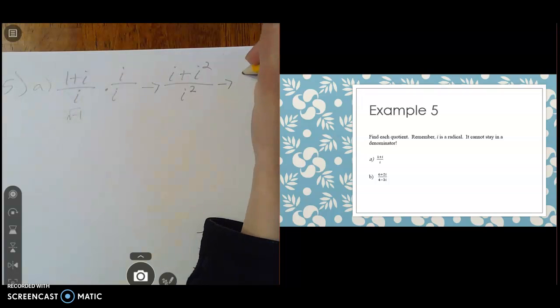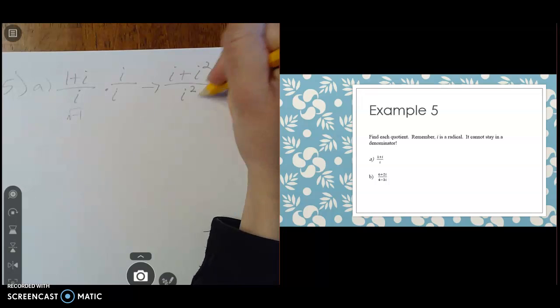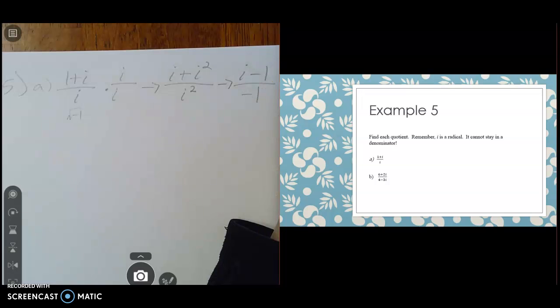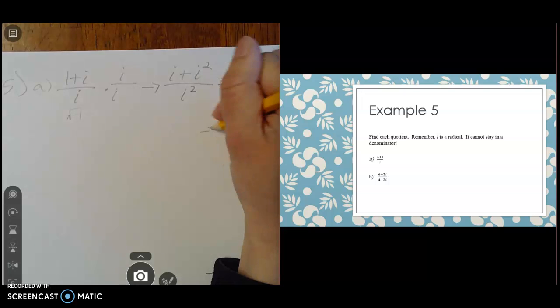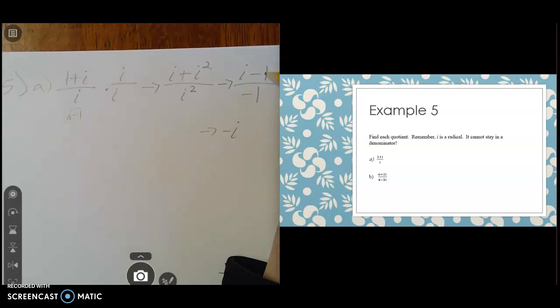So now I really have i plus -1, or i minus 1 in the numerator, and i squared, which is -1 in the denominator. I can go ahead and divide everything by -1 to simplify a little bit further. i divided by -1 would be -i, and -1 divided by -1 is a +1. So that's a little bit more simplified than what we had above.